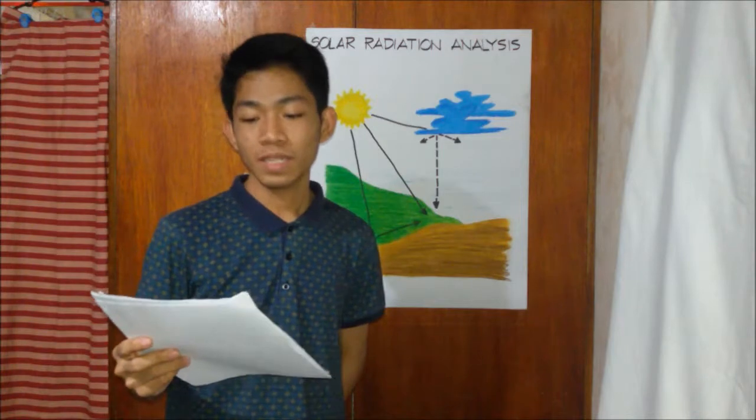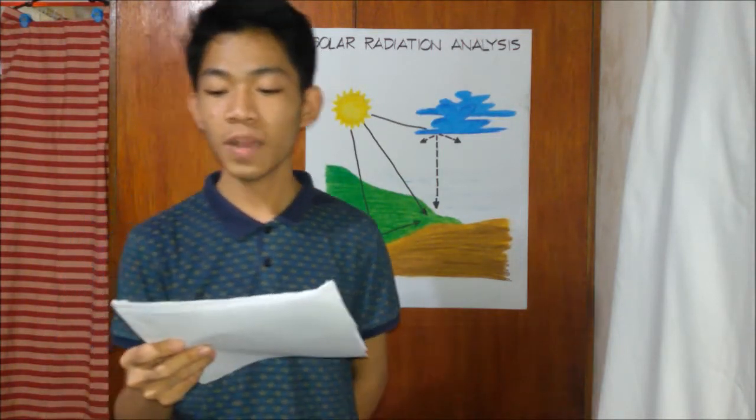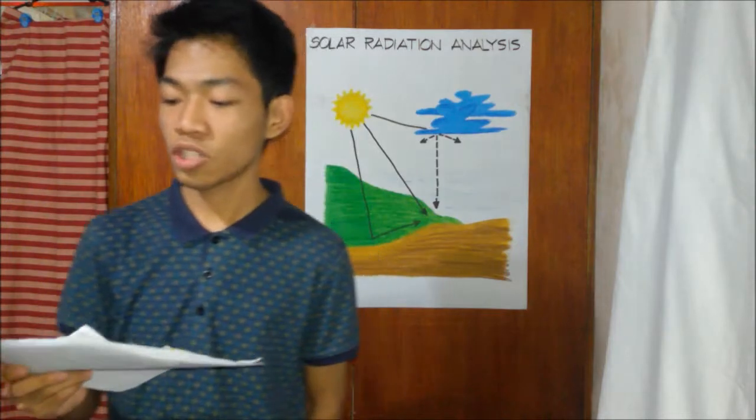At landscape scales, topography is a major factor that determines the spatial variability of insolation. Variation in elevation, orientation, and shadows cast by the topographic features all affect the amount of insolation received at different locations.